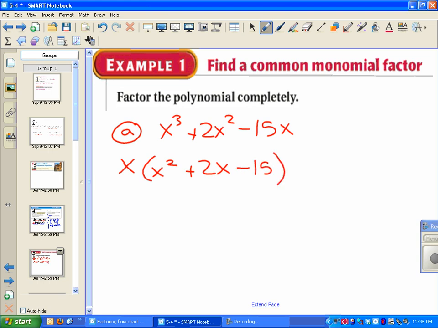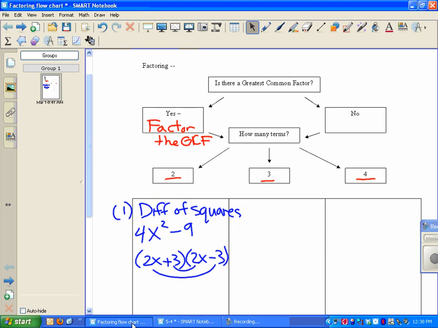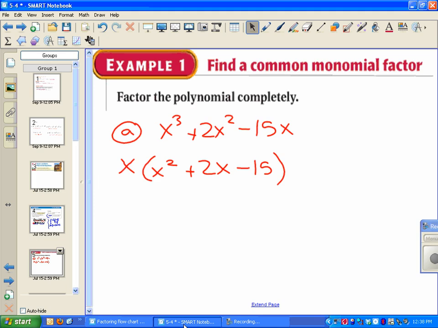All right, so now we have 3 terms. So if you go back to your factoring chart, one possibility for 3 terms would be ax squared plus bx plus c, and we have a couple more to fill in there that are new to Algebra 2, but that is left over from Algebra 1. And so you would either use Clinton's magic or write down your terms.